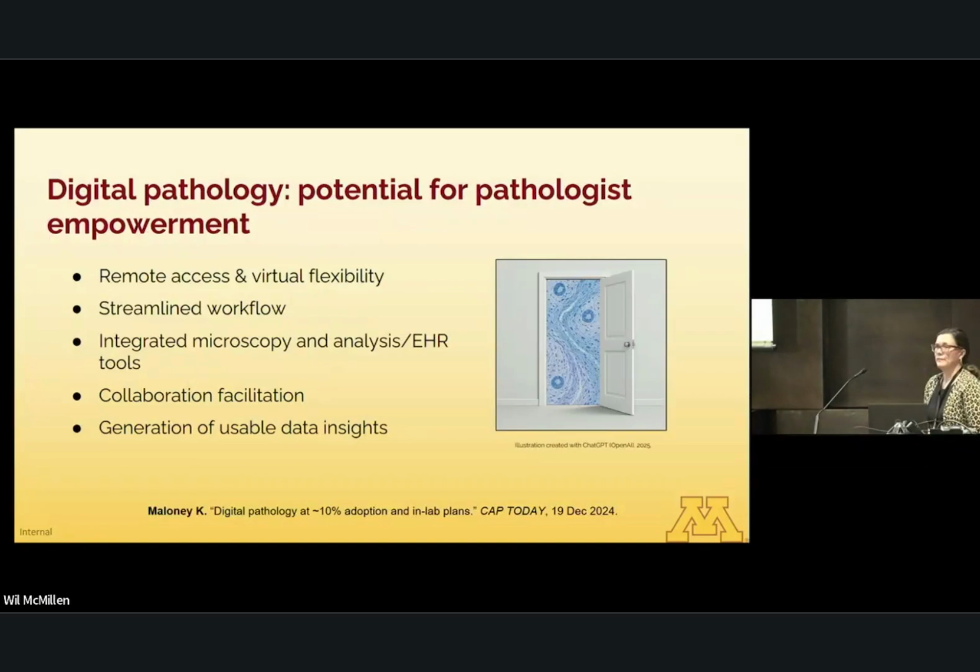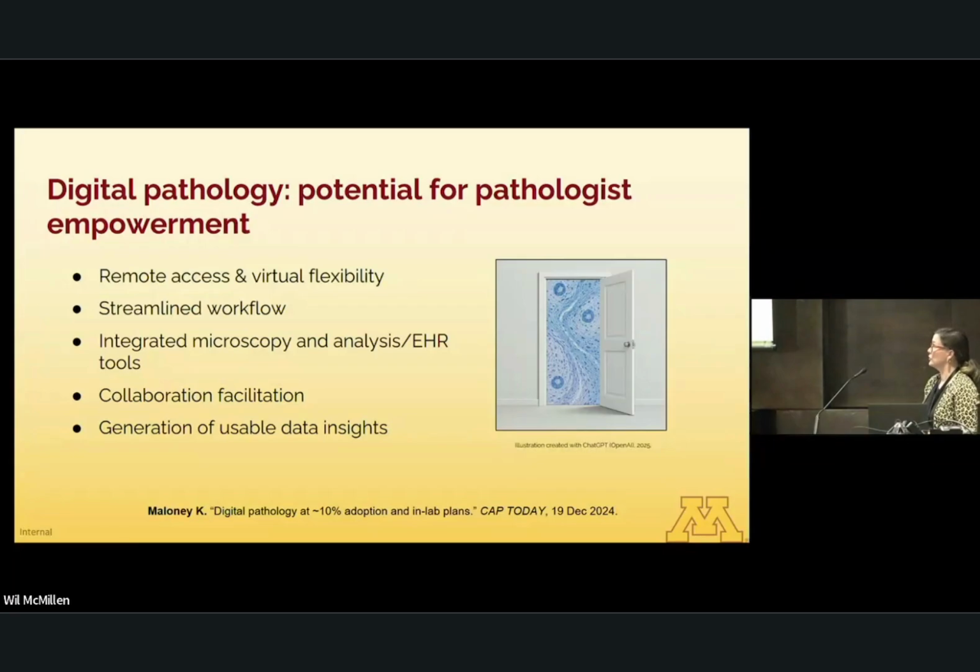I don't think many would argue that digital pathology has a lot of potential to facilitate the work of pathologists. Examples include remote and virtual ability to work, and potentially a streamlined workflow. Especially for anatomic pathology, a lot of the friction in the workday has to do with physical logistics, of glass slides moving around, doing phone tag with people, et cetera.